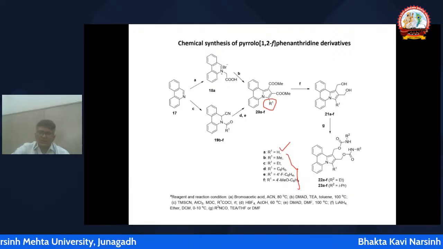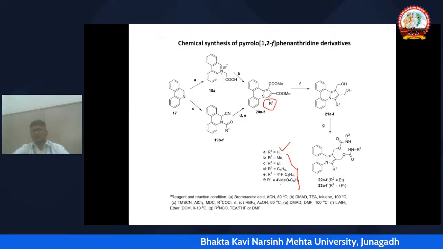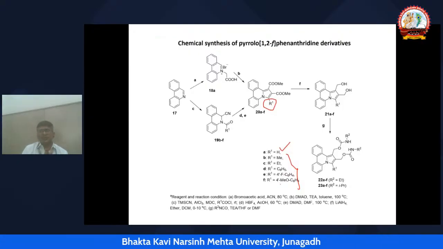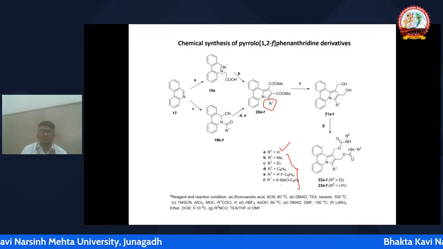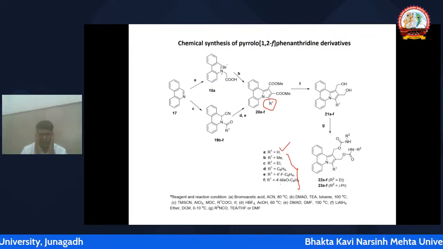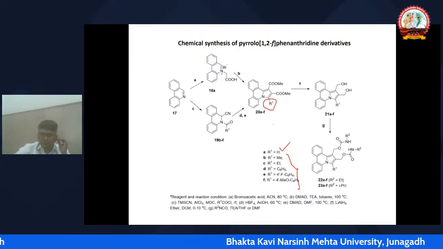So we have taken the substitutions as 4-fluoro and 4-methoxy, because we have to identify which alkyl or benzyl groups give very good biological activity.